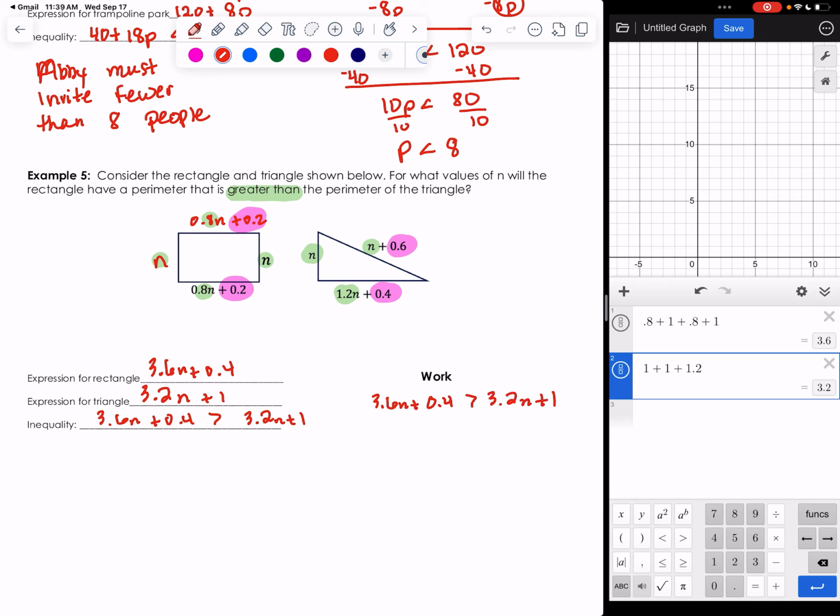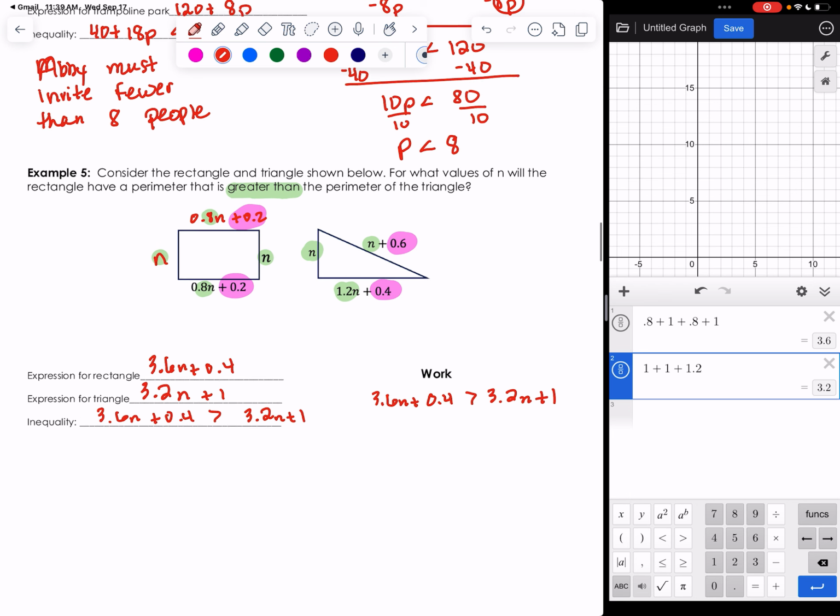When I'm working with inequalities, I always start on the right-hand side and remove the variable from the right-hand side. So that means I would be removing 3.2n. So minus 3.2n. All right, 3.6n minus 3.2n is 0.4n plus 0.4, and that is greater than, this zeroes out, 1.